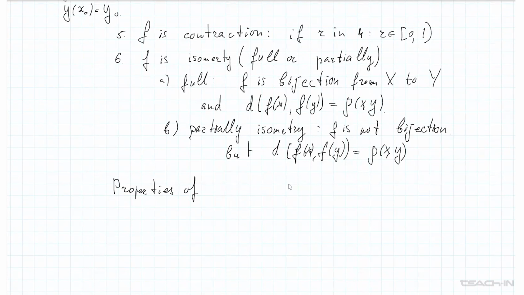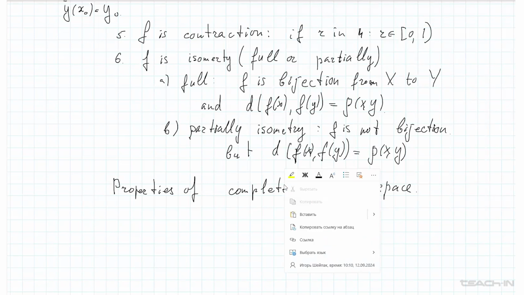of complete metric spaces. The simple property is that in a complete metric space we can take a limit and be guaranteed that the limit element has the same properties as the pre-limit elements, yes?